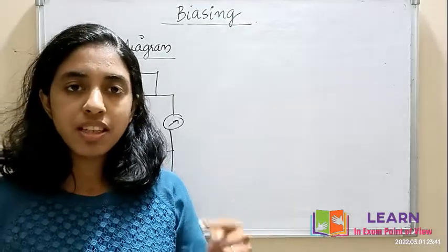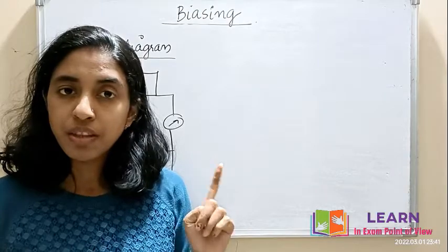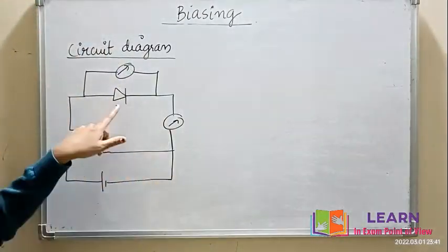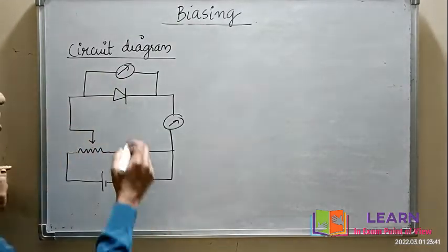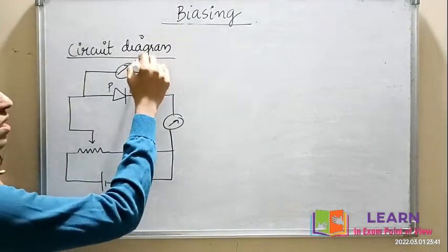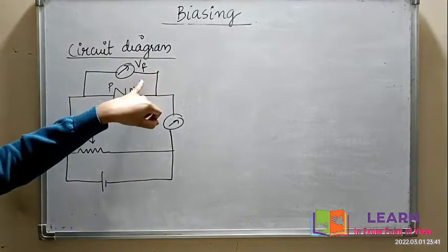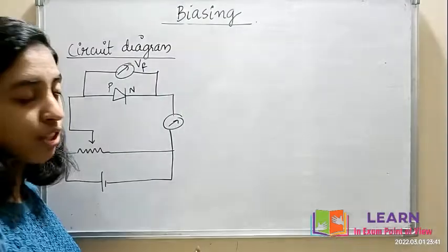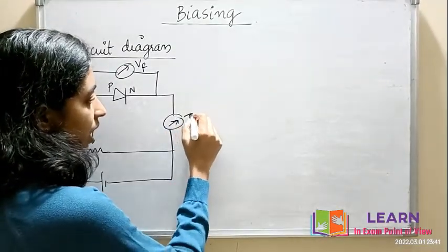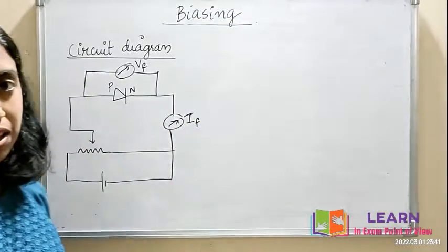So next, earlier we discussed the block diagram of forward biasing. Now this is a circuit diagram. Here this is the PN junction, showing this is P and this is N, and this is a voltmeter measuring VF, F for forward bias voltage, and a meter is connected which measures the current IF, the forward bias current.